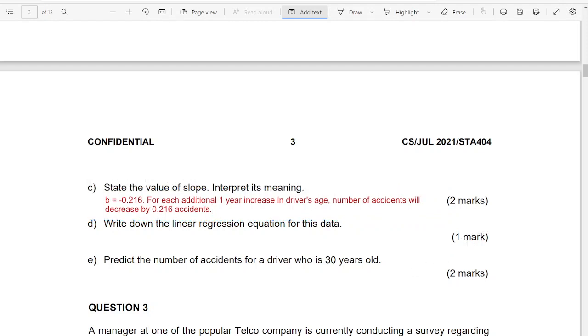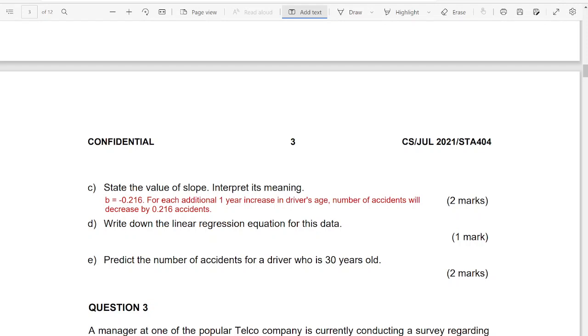So the value of B is negative 0.216. For each additional 1 year increase, so 1 unit increase, the general form will be: for each additional 1 unit increase in X, Y will decrease or increase by B units. That is in general. But here we have changed it based on our question, which has driver's age and number of accidents.